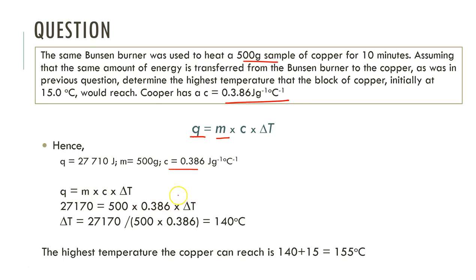Substitute in and then solve for delta T. So we're going to end up with Q divided by mc. You should have come up with 140 degrees. Okay, and therefore that was the temperature change. So to properly answer the question, we need to add the initial temperature of the block, which means that the final temperature of the block would have been 155 degrees C.